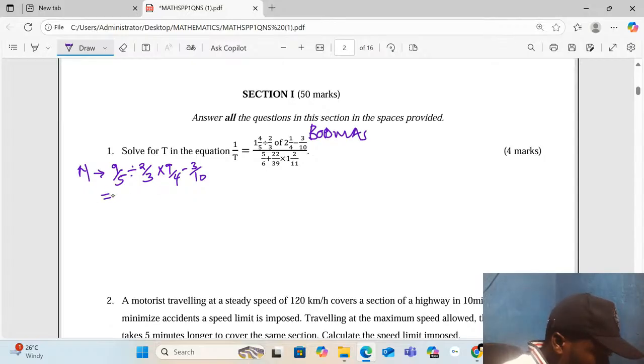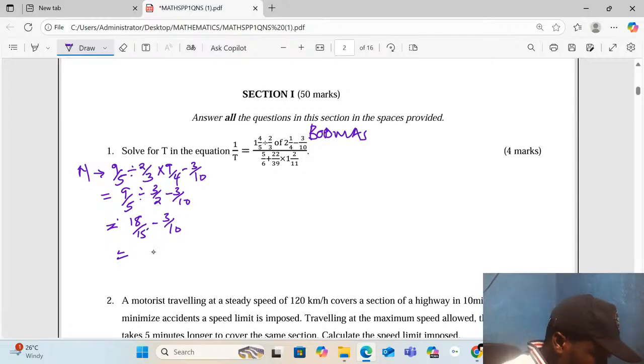So we're going to have 9 over 5, and then divide by, the answer becomes here 3 over 2 minus 3 over 10. So that we have 18 over 15 minus 3 over 10. So LCM in there is 15.